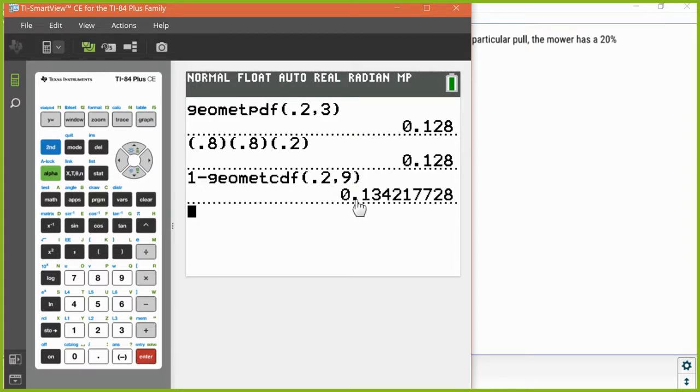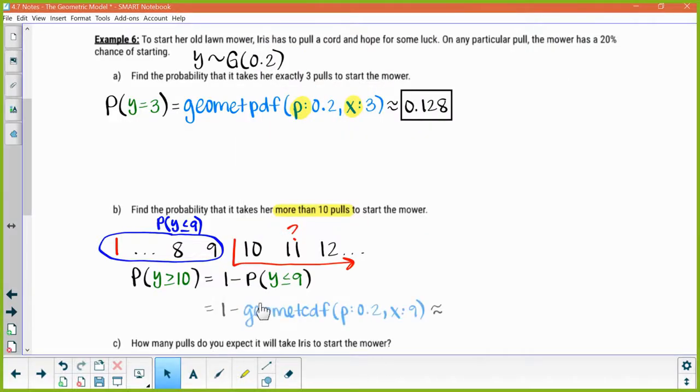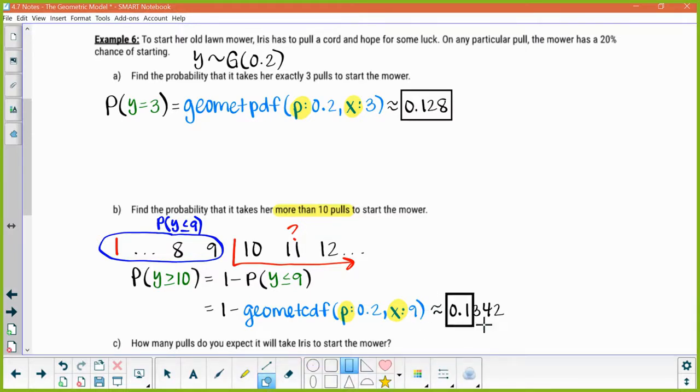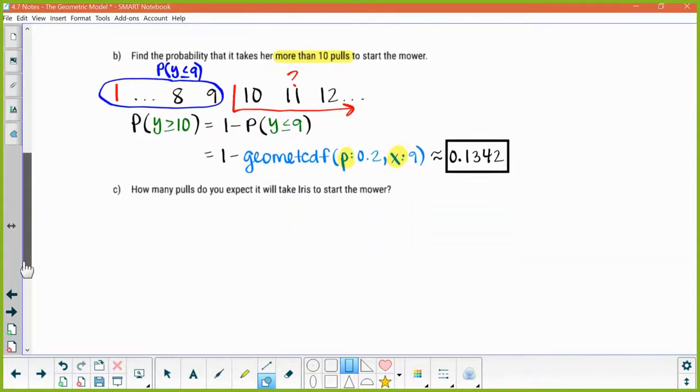Hit enter, and I get 0.1342. So again, with our calculator, you do want to write your input. Do not forget to label P and X, and you get your probability, which I didn't box for this problem. So be careful with that. They do like to trick you and give you something that's not necessarily doable in your calculator without interpreting it a little bit.